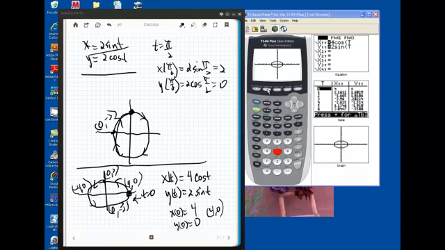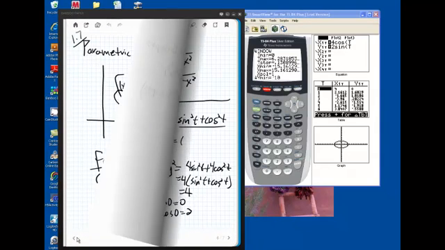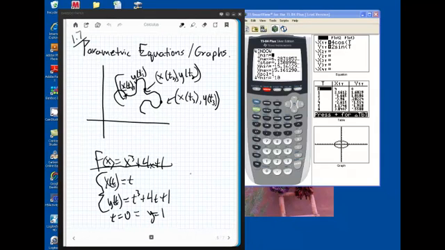What do you think? Remember what happened when our window was all crazy with the one function back here? We only got half. Remember when we started out, t was between 0 and 2 pi. Well, what do you think is going to happen here?